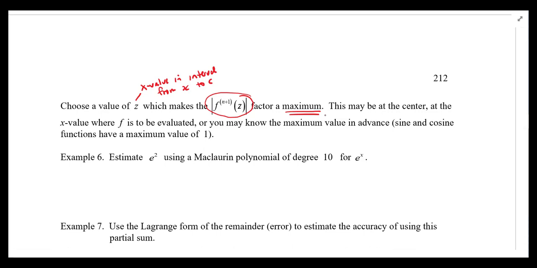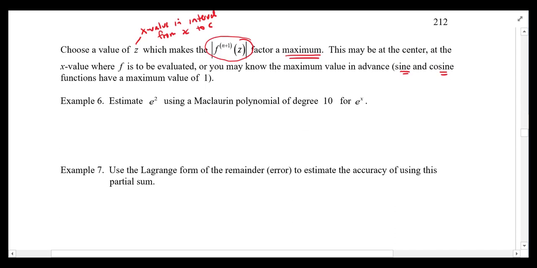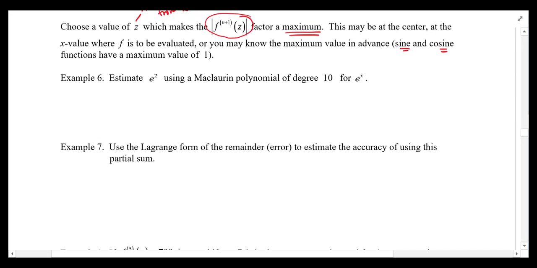It could be at an x value where f is to be evaluated, or you actually might know the maximum value in advance. So for example, you know that the sine and cosine functions always have a maximum value of 1. So if it's sine, I know I'm going to use 1, because I know the maximum is always going to be 1. All right? So let's take a look at these examples now that help us understand how to use the Lagrange remainder.